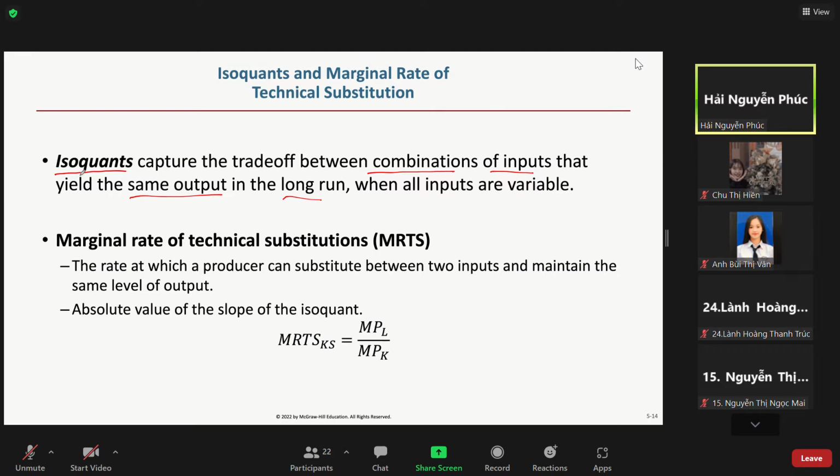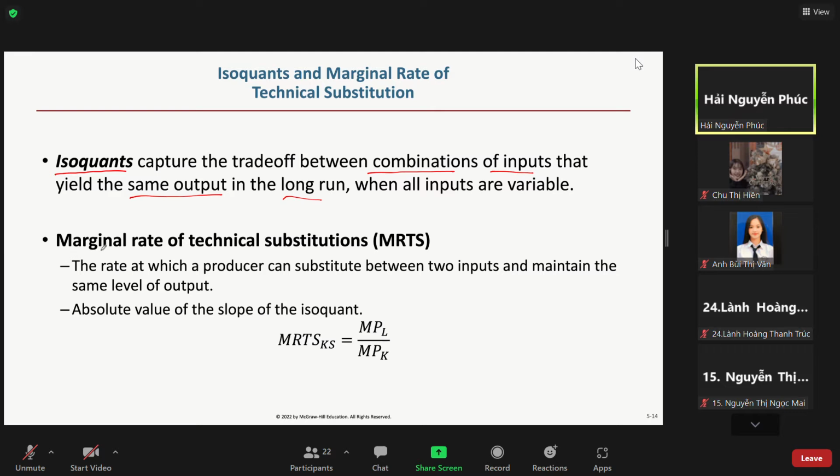So once again, if you look carefully at the definition of isoquant, I want to stress the point that it is the combination of inputs that allow the firms to attain the same level of output when all the inputs are variable, when we can change the inputs, right?